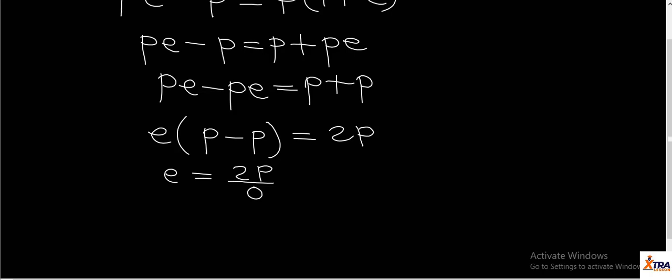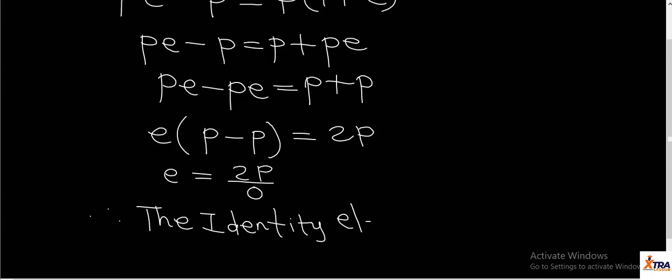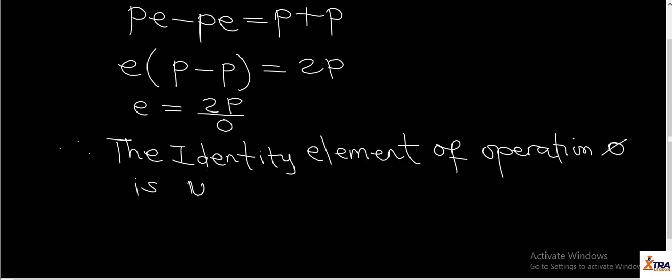Therefore, the identity element is undefined, because when we have a value divided by 0, it gives us an undefined answer. So we say the identity element of operation phi is undefined under set R.